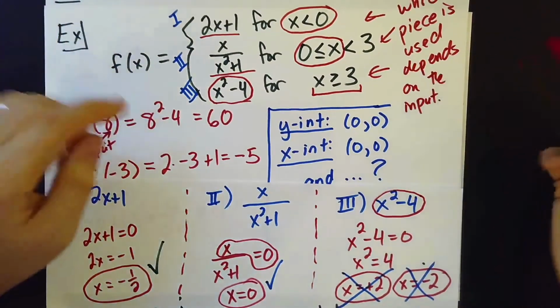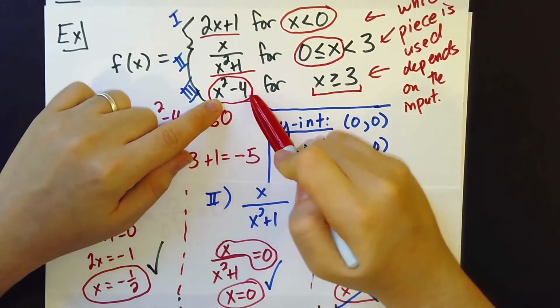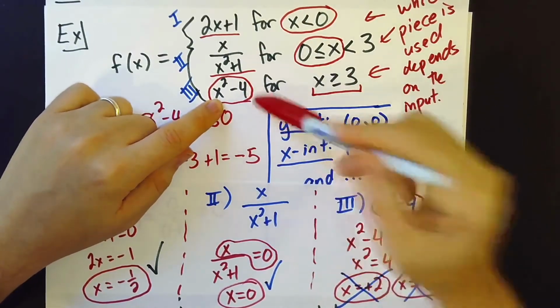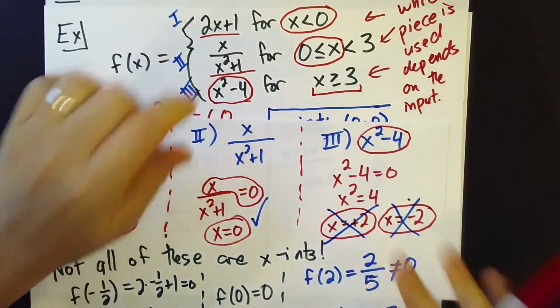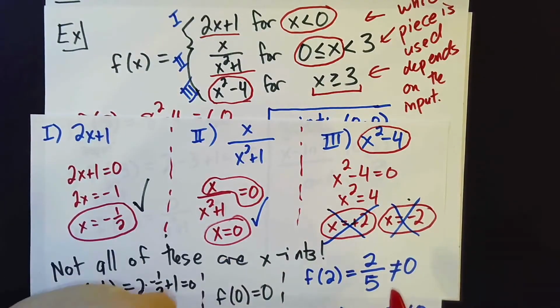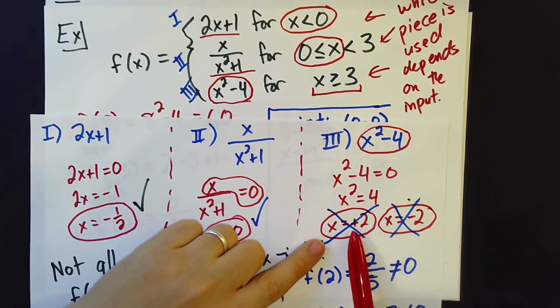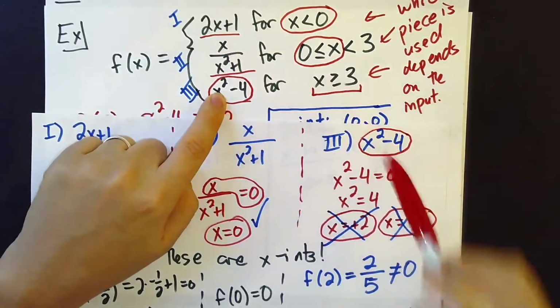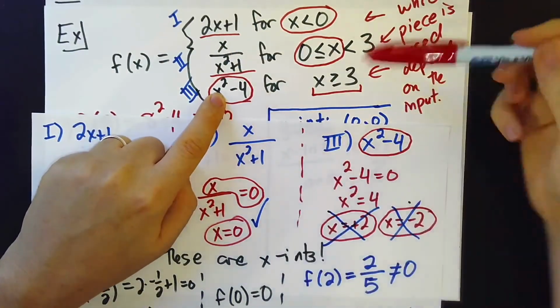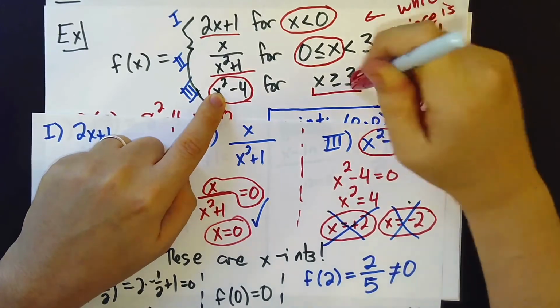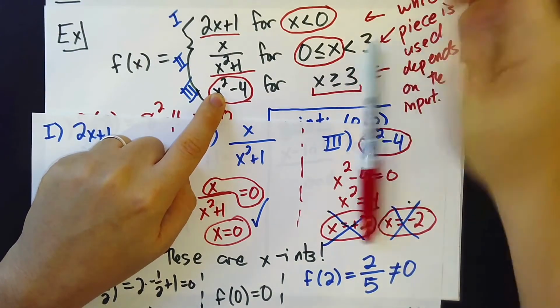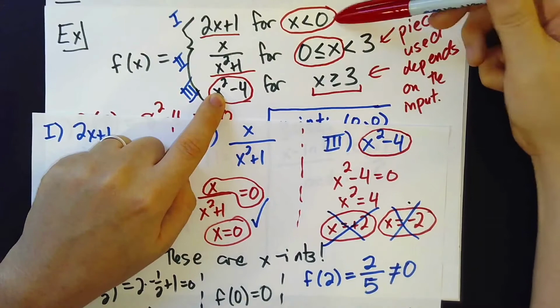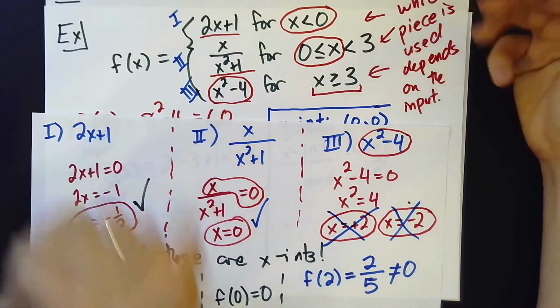And so if I plug 2 or minus 2 into x squared minus 4, I really do get 0. However, the rules of the function do not allow me to plug plus 2 or minus 2 into this piece, because both 2 and minus 2 end up not in this piece of the function, but in the first piece and the second piece.